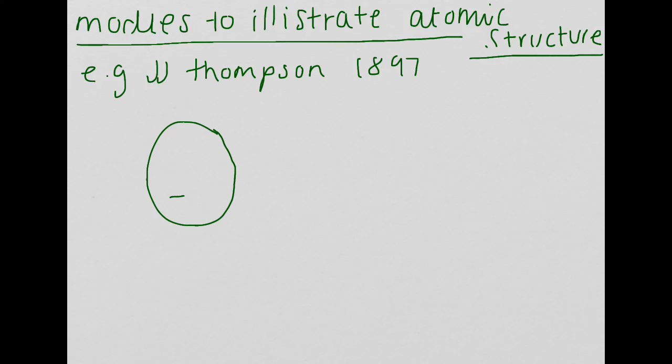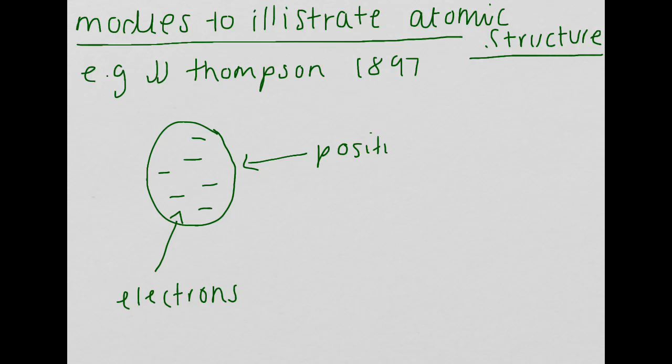Just the round pudding with the negative electrons in the middle, which obviously were the raisins, and then the positive plum pudding outside.